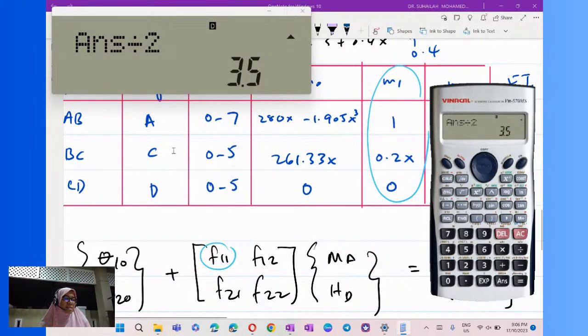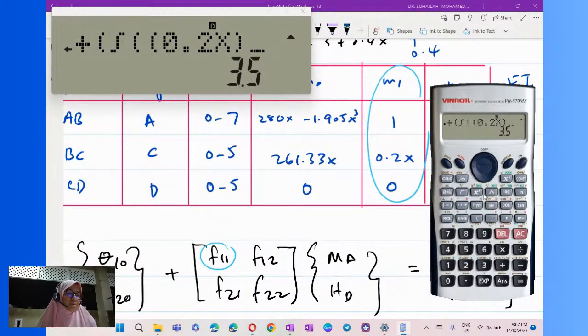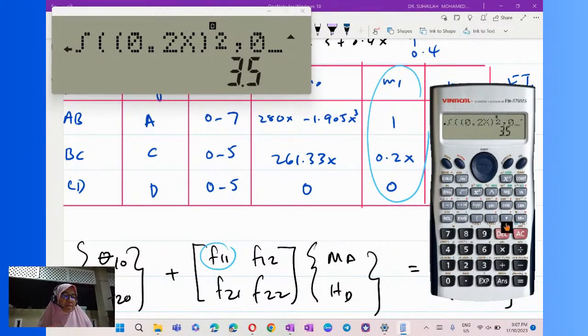Plus BC, so plus 0.2x squared from 0 to 5.